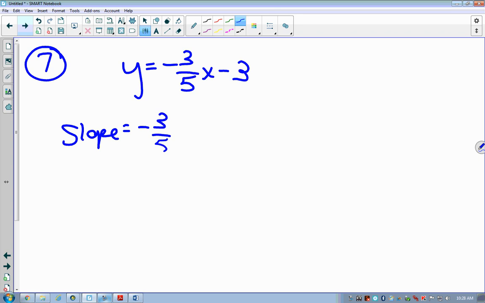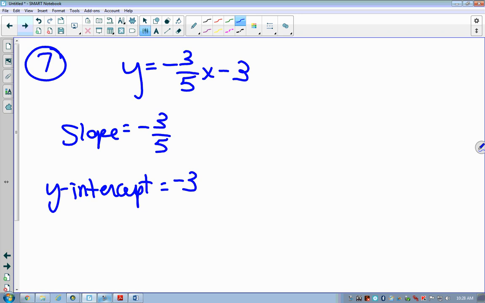Negative 3/5. Did you say y or x? Okay, good. We don't include the x, right? Don't include the x. Okay, y-intercept. What is the y-intercept? Negative 3.